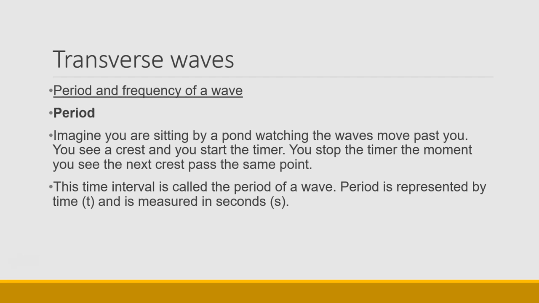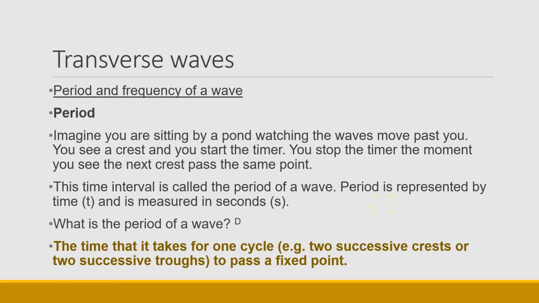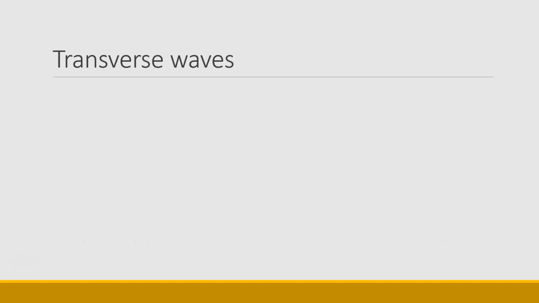The period of a wave is simply represented by the letter T because it is the amount of time that it takes for a full cycle to pass you by, and time is always measured in seconds. So let's define the period of a wave. It is the time that it takes for one cycle, for example, 2 successive crests or 2 successive troughs, to pass a fixed point.